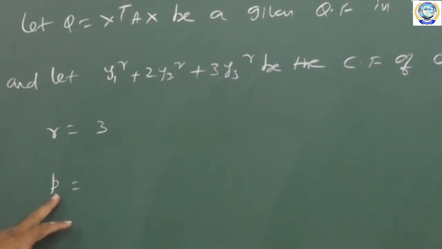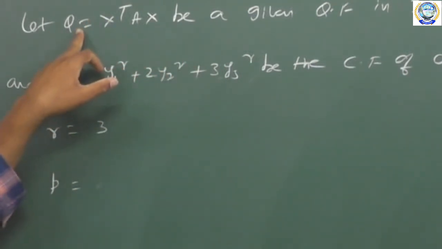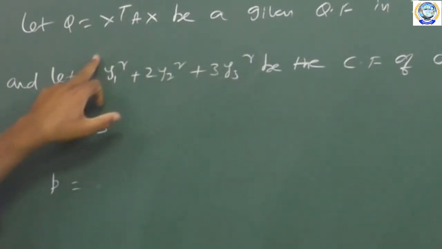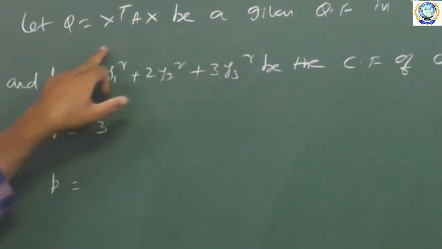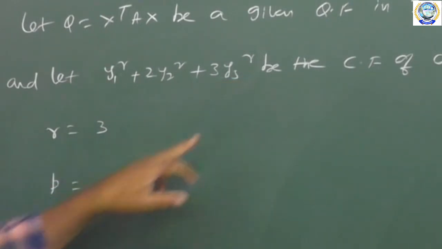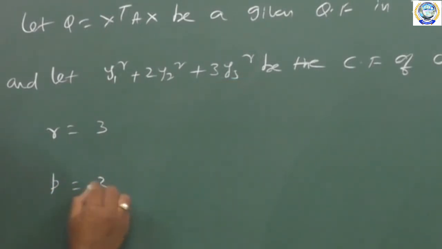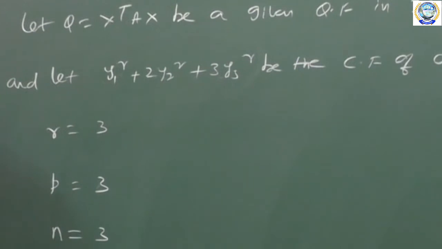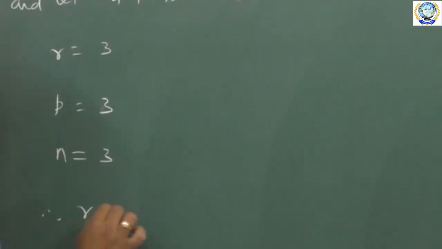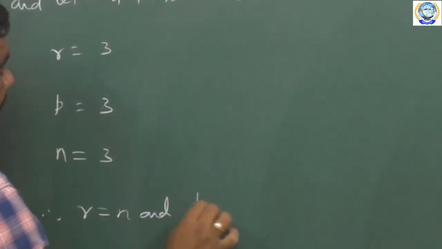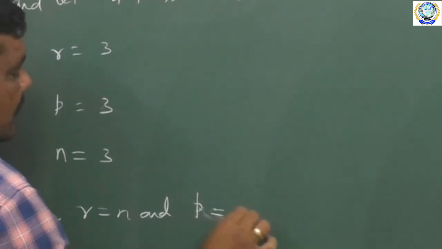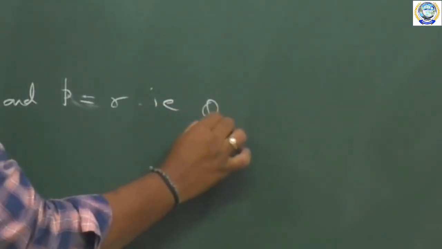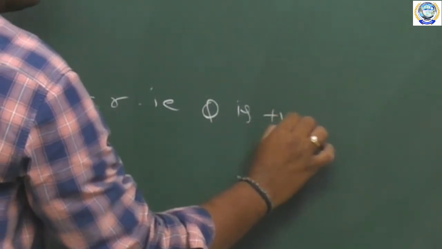The index is the number of positive terms, and all 3 terms are positive, therefore the index is 3. And n, the number of variables, is 3. Therefore, r is equal to n and p is equal to r. This means that the given quadratic form Q is positive definite.